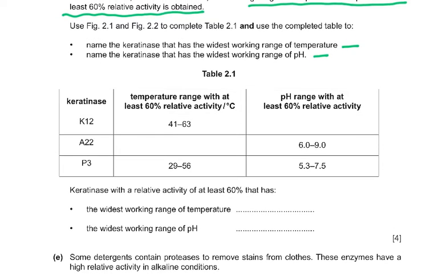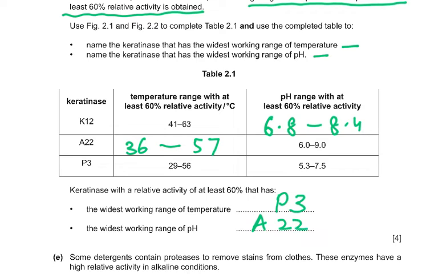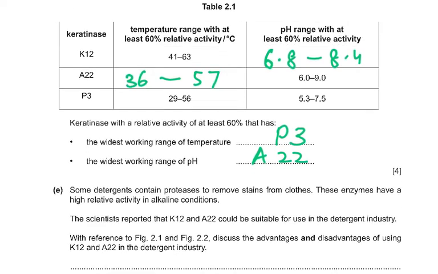So pH range, now we can see the pH range is 6.8 to 8.4. And then here we have the temperature range is 36 to 57, and that's it. So you have to finish this with 4 marks. And then it says keratinase with the widest range of temperature was P3, and with the widest range of pH was A22. So that got you your 4 marks.